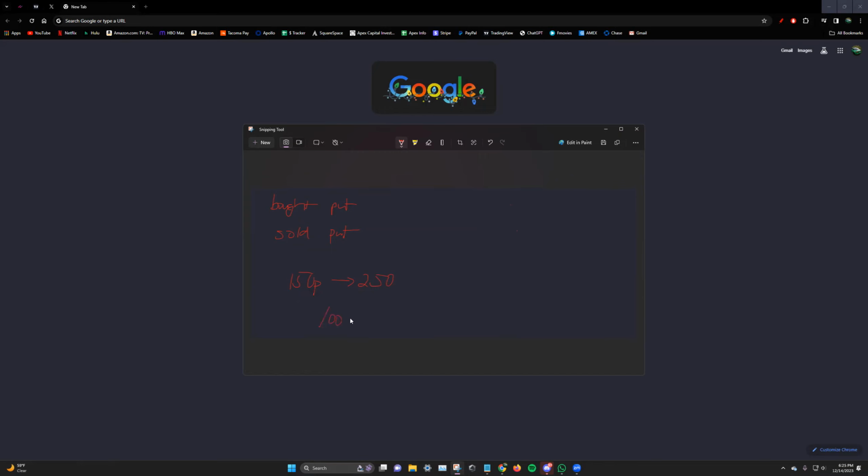So 100 shares times 150 is $15,000. So you risk $15,000 to essentially make $250. I hope this isn't boring, because you really need to understand this in general, if you ever sell an option.